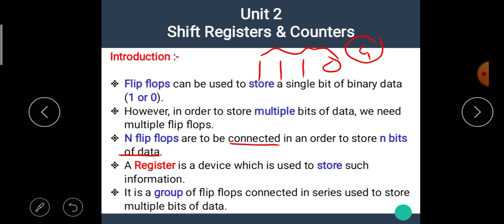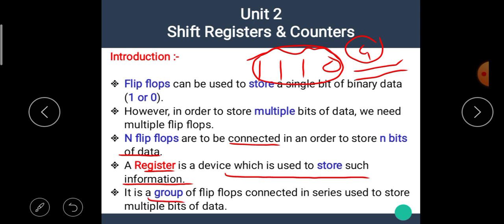A register is a device which is used to store such information. To store this information we require 4 flip-flops, and the 4 flip-flops are known as the register. The register is a group of flip-flops connected in series used to store multiple bits of data.